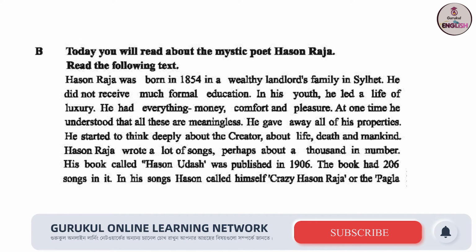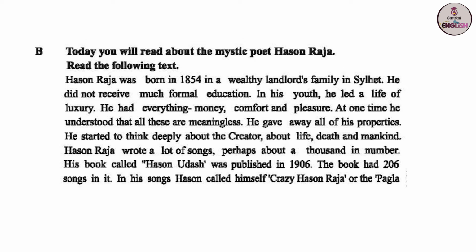In his youth, he led a life of luxury. He had everything: money, comfort, and pleasure. At one time, he understood that all things are meaningless. He gave away all his properties.